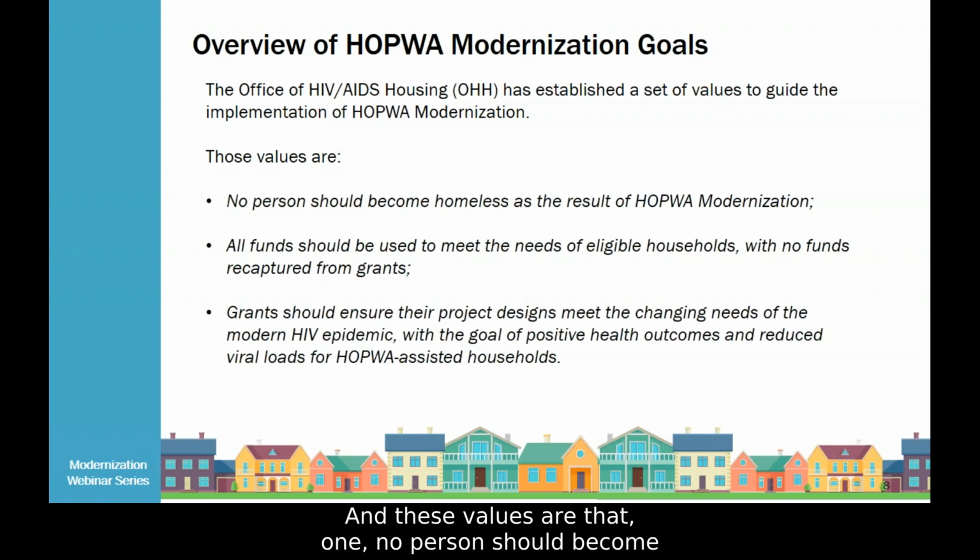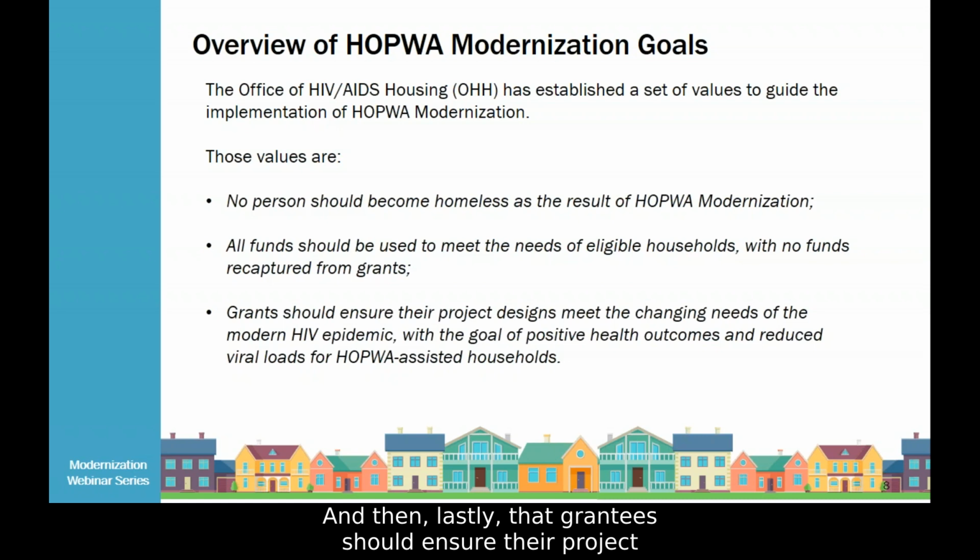These values are that, 1, no person should become homeless as a result of HOPWA modernization, 2, that all the funds should be used to meet the needs of eligible households, and 3, that no funds should be recaptured from these grants. So really, particularly with the target audience today, which is grantees who are seeing an increase, really looking at ways to use all those resources that you're being given.